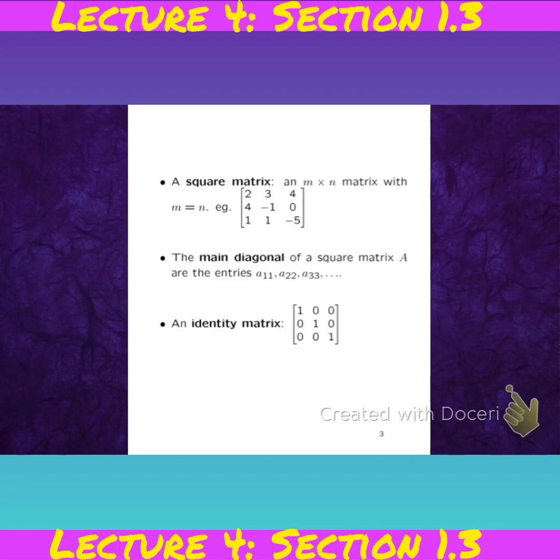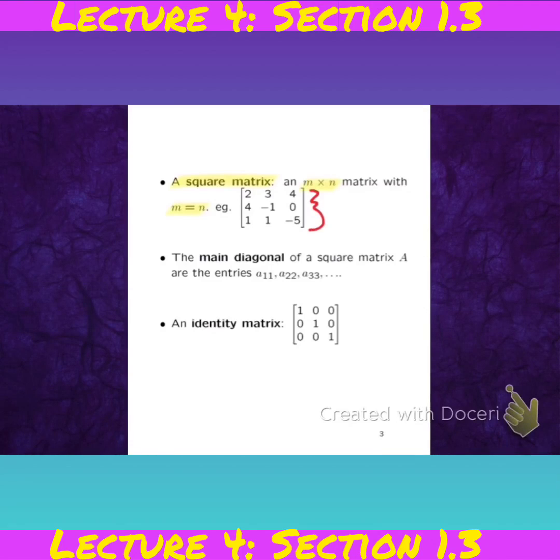Then just another point: a square matrix is a matrix where the number of rows and columns are exactly the same. In that case, m will be equal to n, and here's an example of a 3 by 3 square matrix.